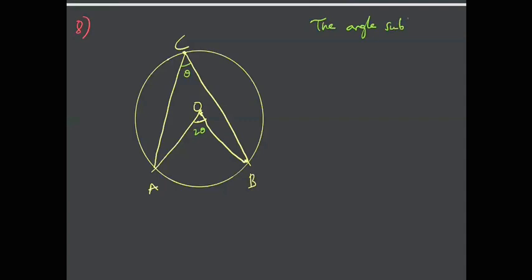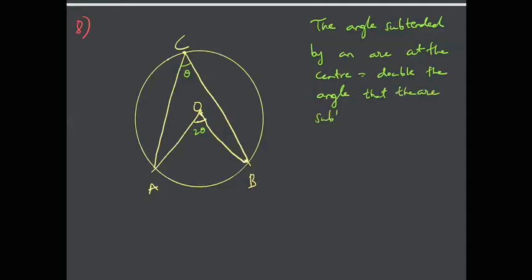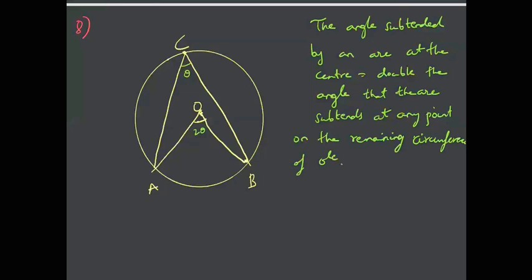So the angle subtended by an arc at the center is double the angle that the arc subtends at any point on the remaining circumference of the circle. Okay, so try to prove this one.